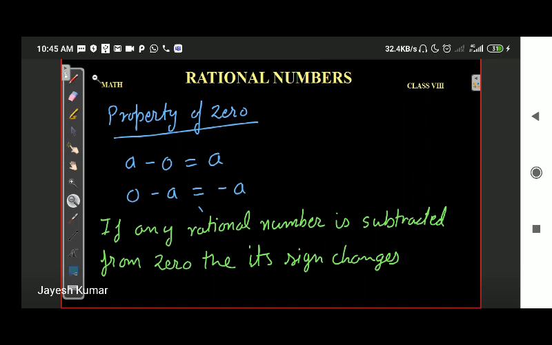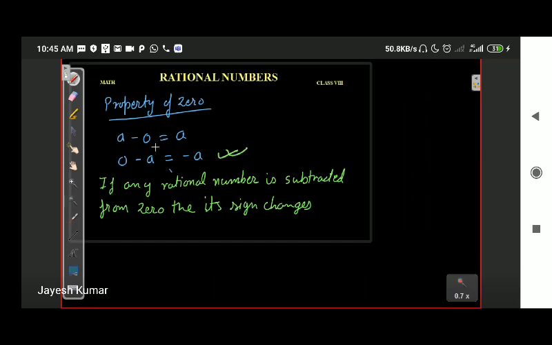Okay, so this was the second condition. And now I'm talking about the first condition.